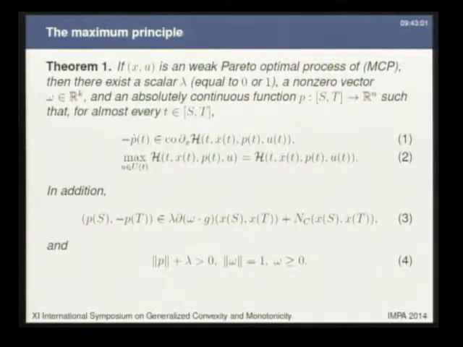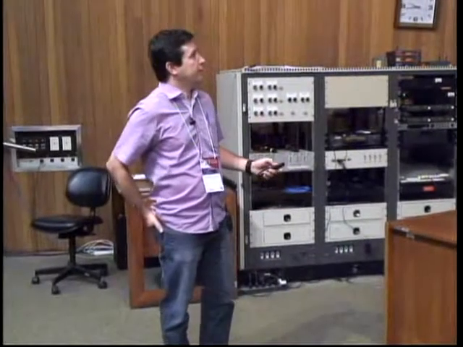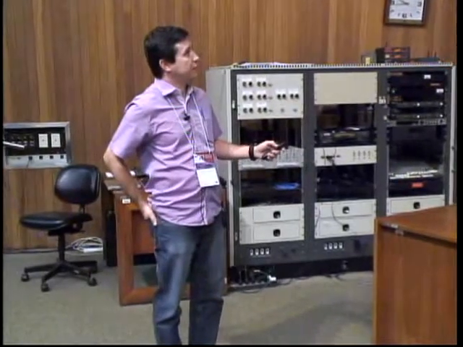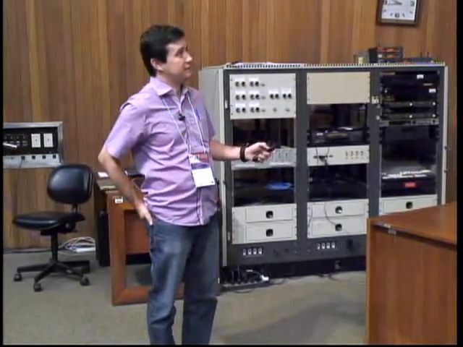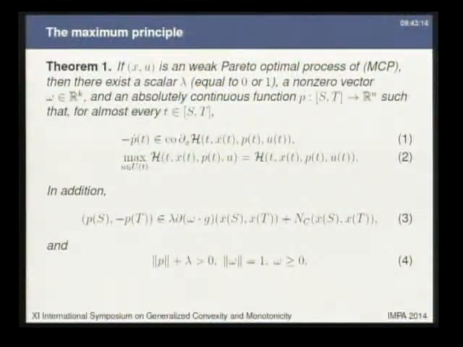And this is the maximum principle for the multi-objective control problem. This is stated for weak Pareto solutions. So if X bar, U bar is a weak Pareto optimal process of the problem, then there exists a scalar lambda, a non-zero vector omega, and an absolutely continuous function p, such that we have these four conditions satisfied.